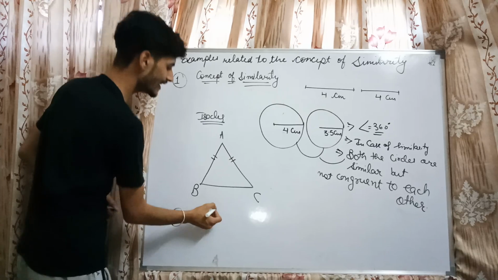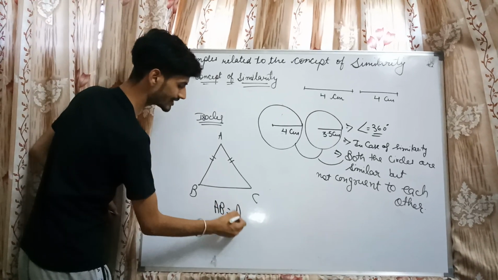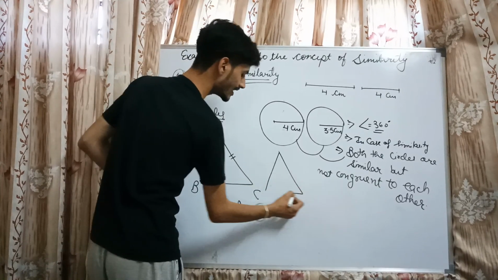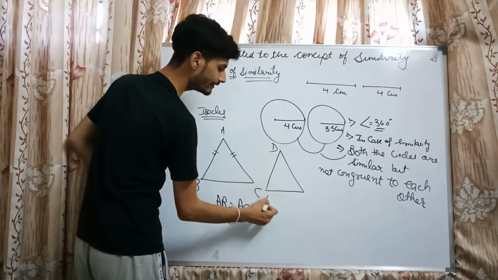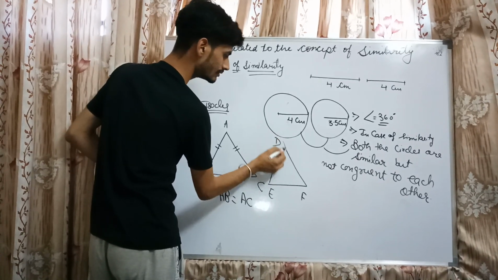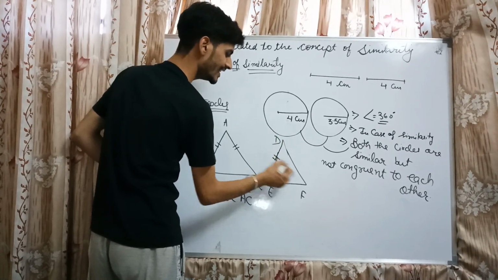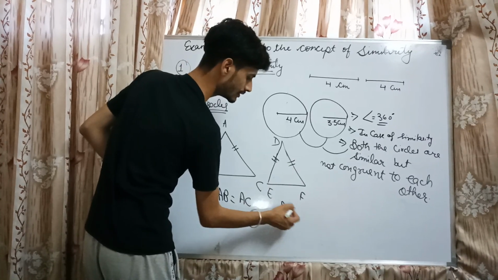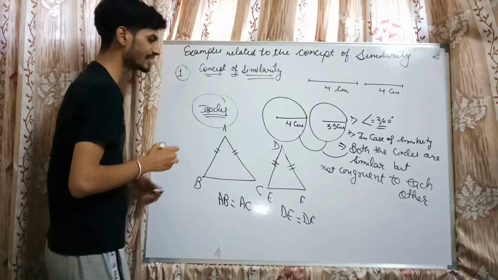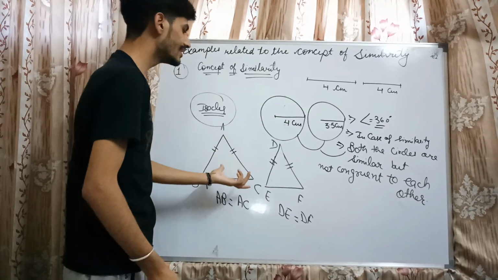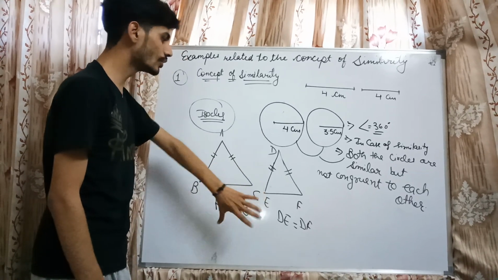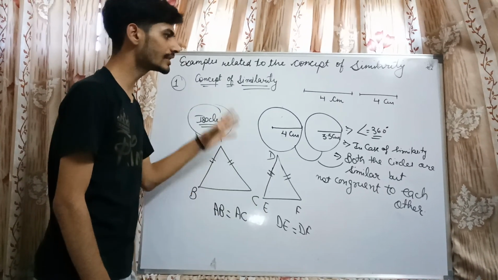It means side AB is equal to side AC for the first triangle, and if we take another triangle DEF, here the side DE is equal to DF. It is a case of an isosceles triangle in which both the triangles are similar, both the shapes are similar to each other, but there is no congruency in such condition.